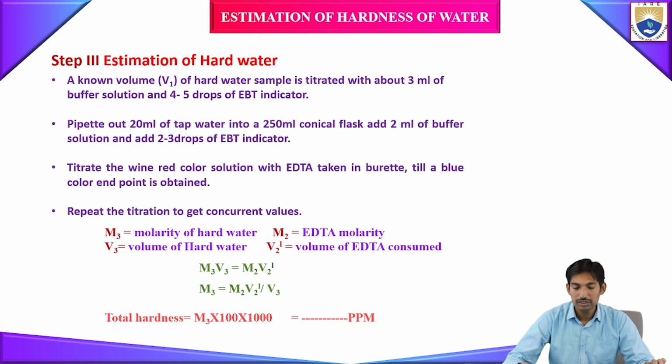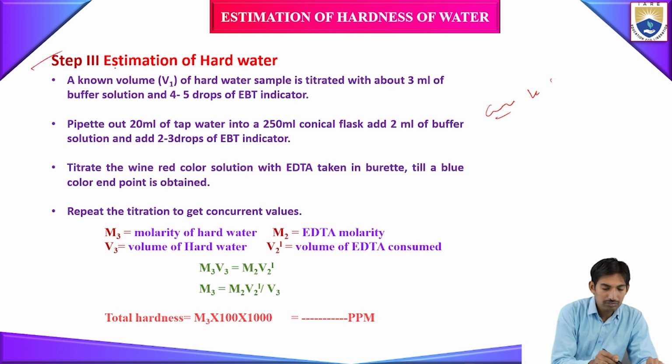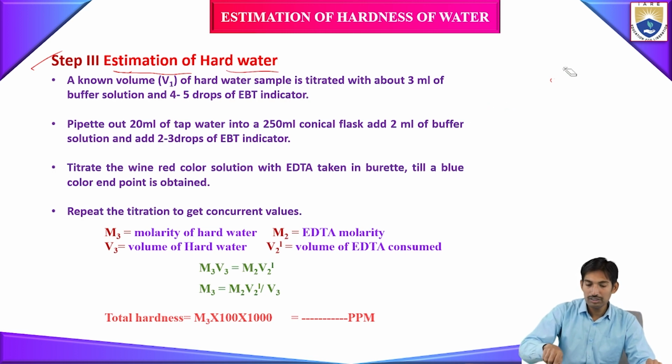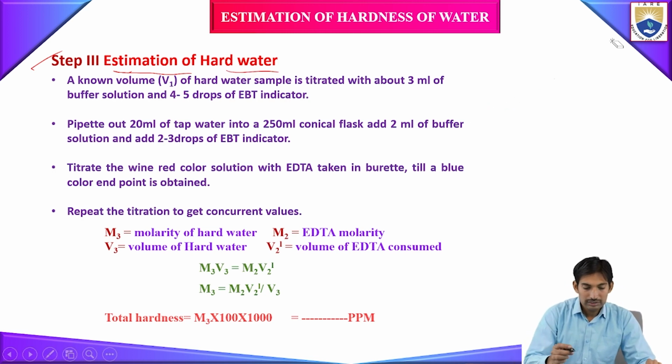Then step 3. In step 2, we calculated the concentration of secondary standard EDTA solution by using primary standard magnesium sulfate. In step 3, what we are going to do is estimation of hard water. In this step, we have to take 20 ml of tap water.